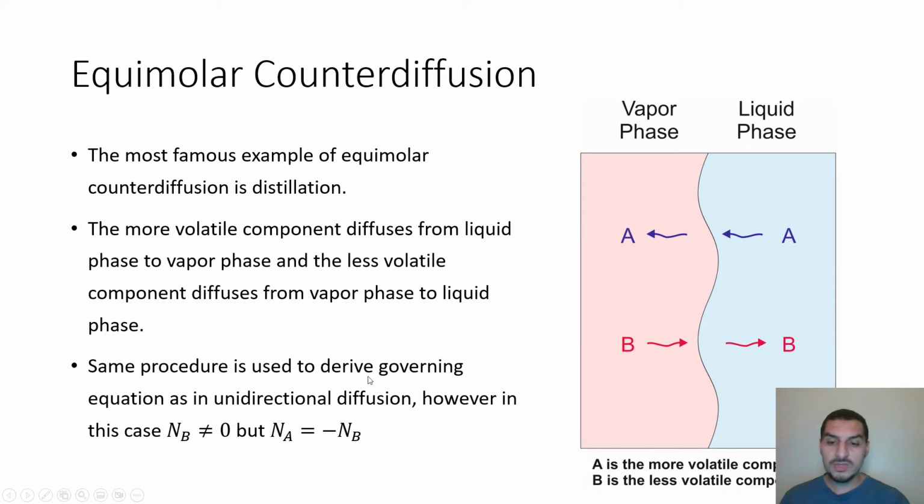In this case, we can say that the flux of A equals negative the flux of B, or the flux of B equals negative the flux of A. So this is the main difference between counter diffusion and unidirectional molecular diffusion, because in case of unidirectional molecular diffusion, we said that NB equals 0. But this is not the case here. NB is not equal to 0, it equals negative NA.